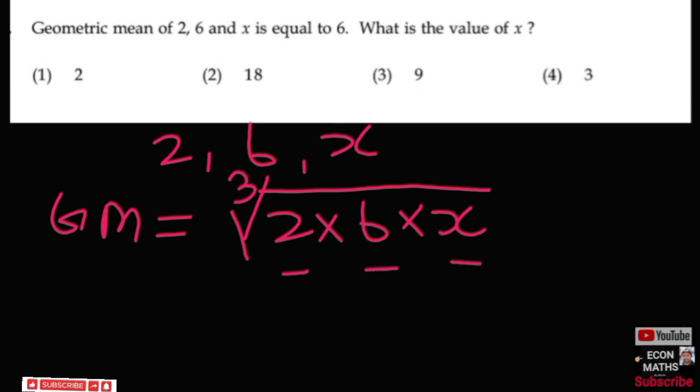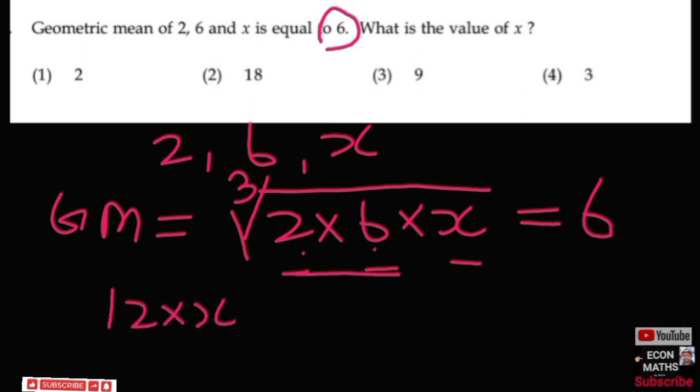So the geometric mean of 2, 6, x is equal to the cube root of the product of the three numbers, which is equal to 6. The question tells us it is equal to 6, so we equate it with 6. Now 2 6s are 12, so we can write the cube root of 12 into x is equal to 6.